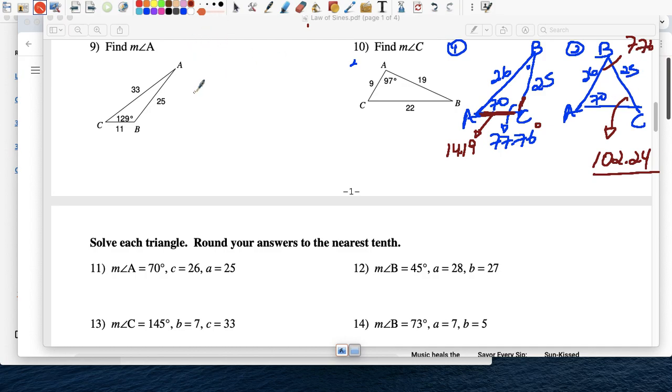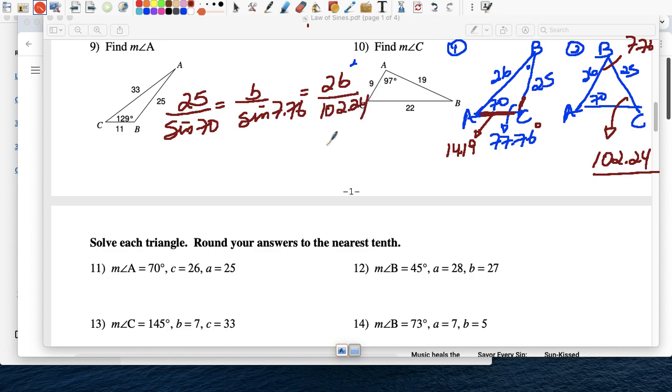So for the second triangle, it's little a over sine of 70. Little b I don't know, but I know angle B, which is 7.76. Little c I do know, and angle C I do know, 102.24. So literally for the second triangle, it's much easier.